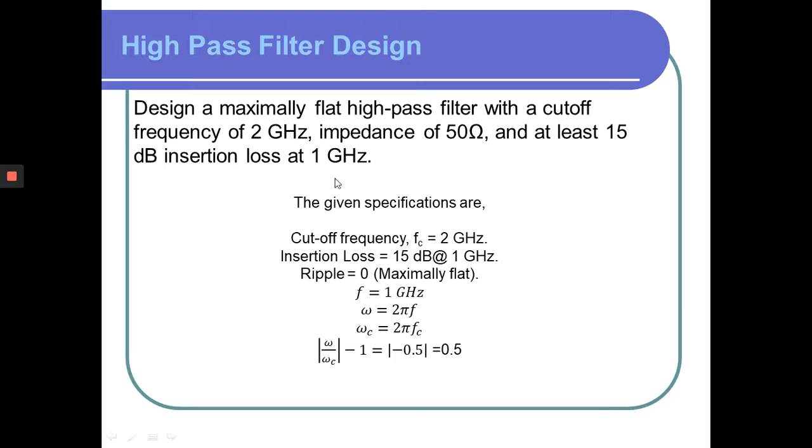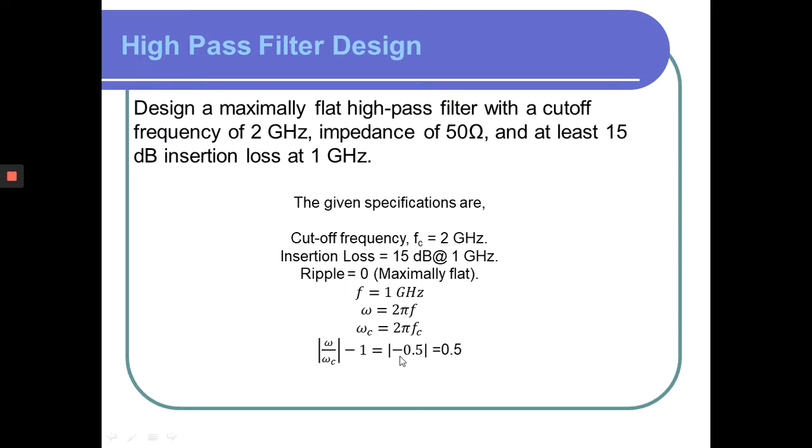So here we have 2 gigahertz as the cutoff frequency, and as F we have 1 gigahertz because at 1 gigahertz the insertion loss has been given. The ripple is 0 because it's maximally flat again. So we know this equation, how to solve it. We put 2 over F and 2 over FC, and then we get minus 0.5.